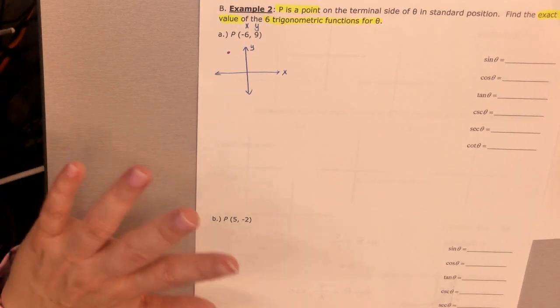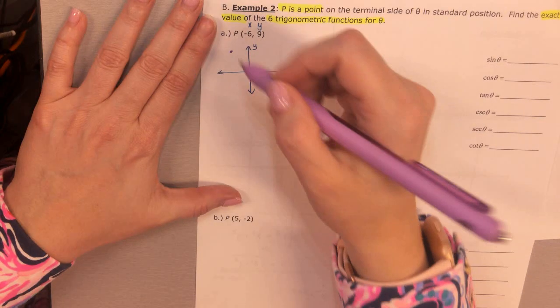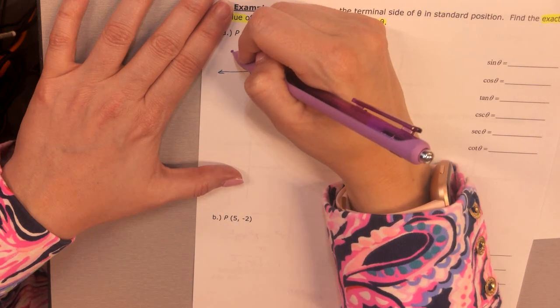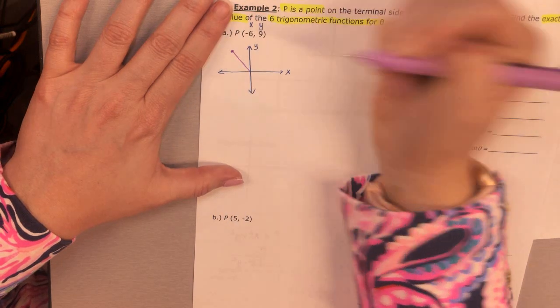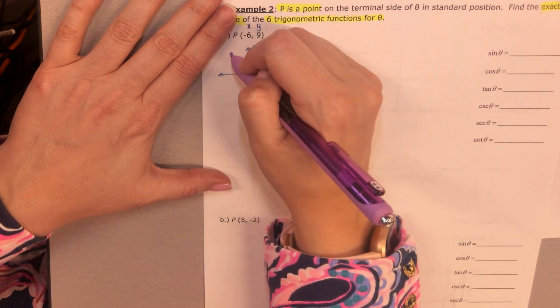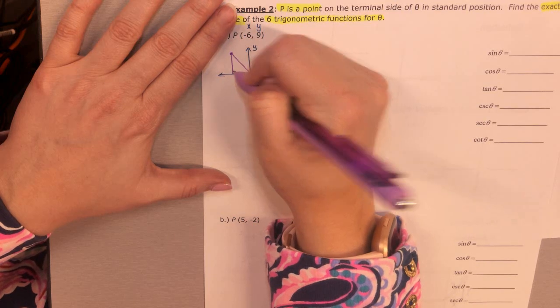Okay? It does not have to be exactly to scale, but you do have to draw in your right triangle. So now you draw your terminal side, which goes towards the origin, and then you are going to draw the other side of your right triangle.